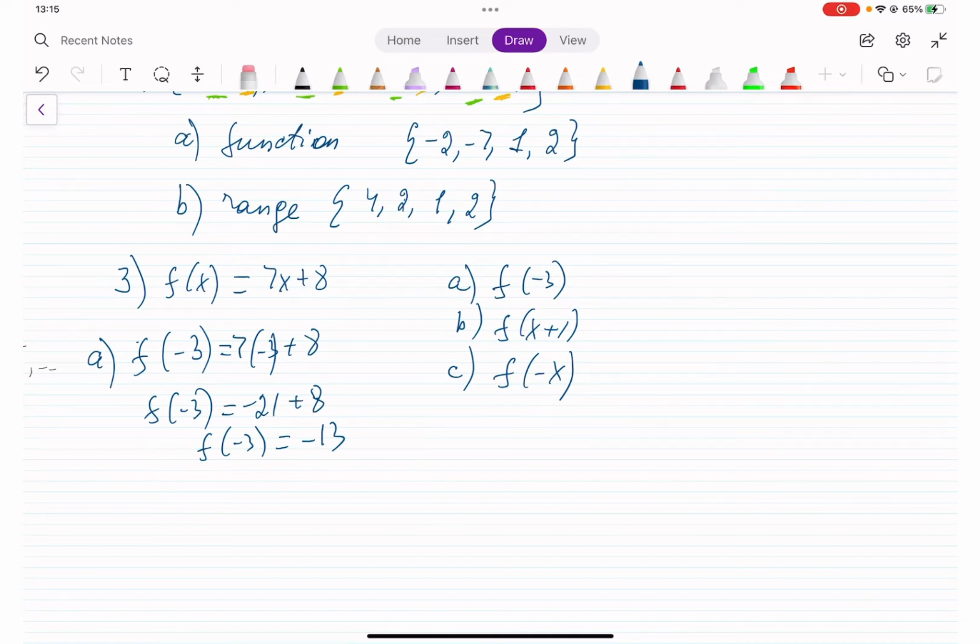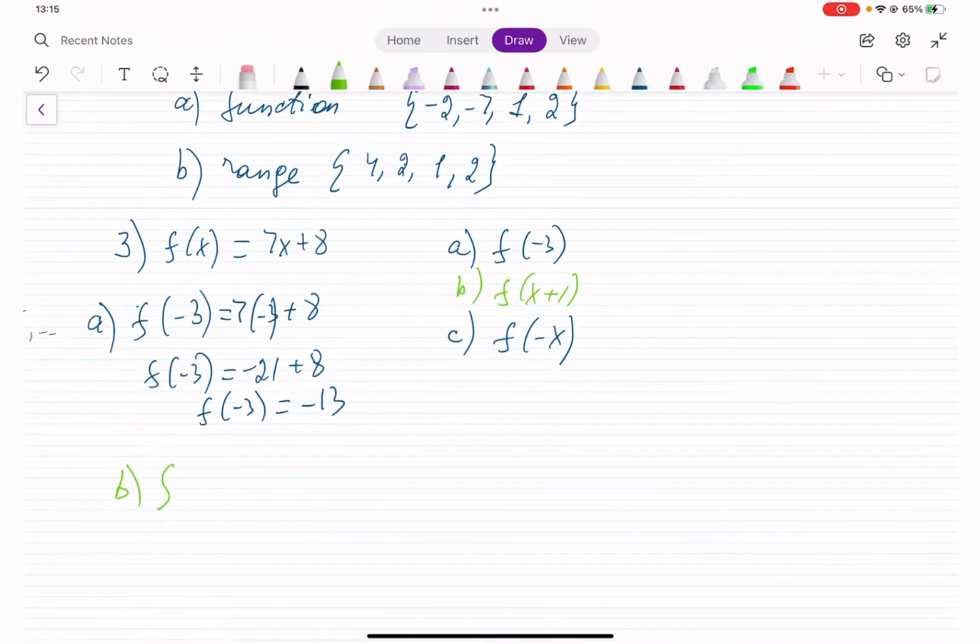Okay, b, let me change the color. So b, we have f of x plus 1, which is going to be 7 times, instead of x, we are plugging in x plus 1, and plus 8.